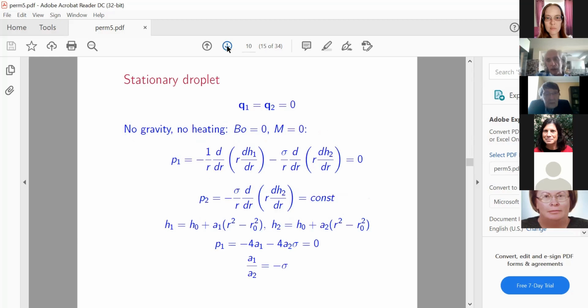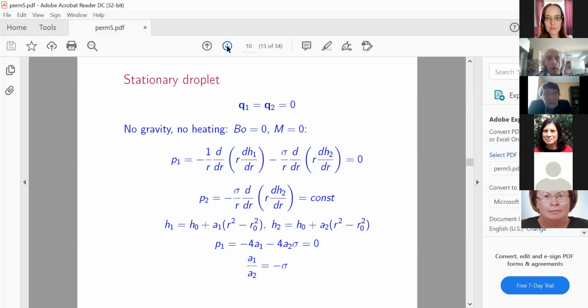First, let us consider a stationary problem. If there is no gravity and no heating, it is obvious that the shape of each interface is just a sphere. In the long wave approximation, the sphere is a paraboloid because any surface near the maximum is a paraboloid.